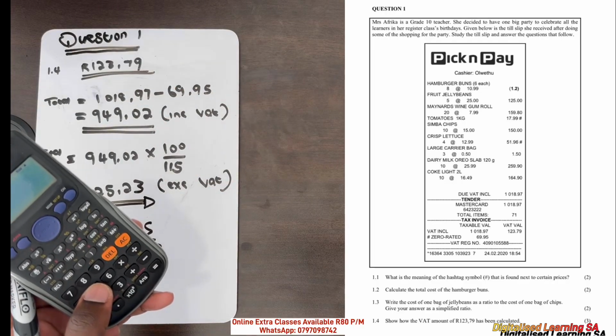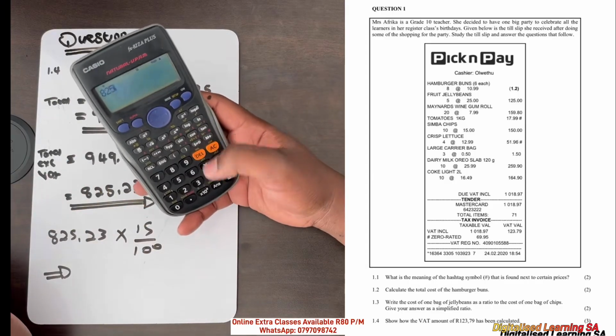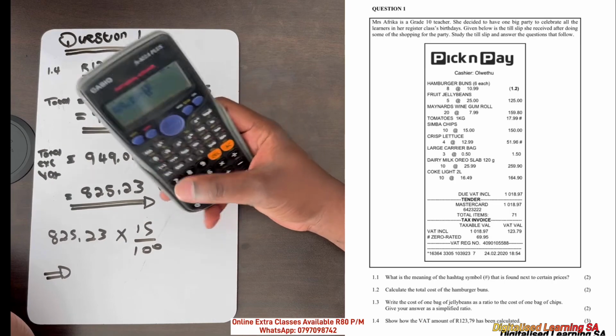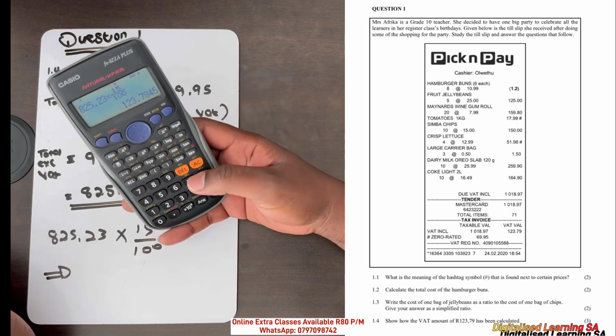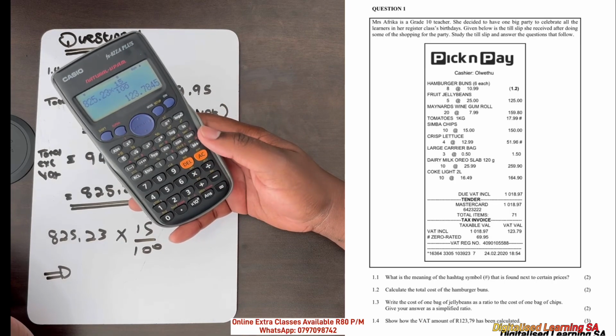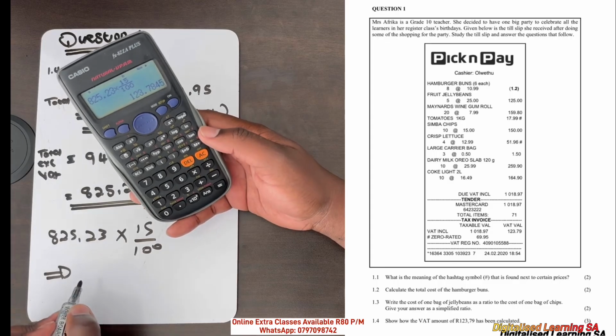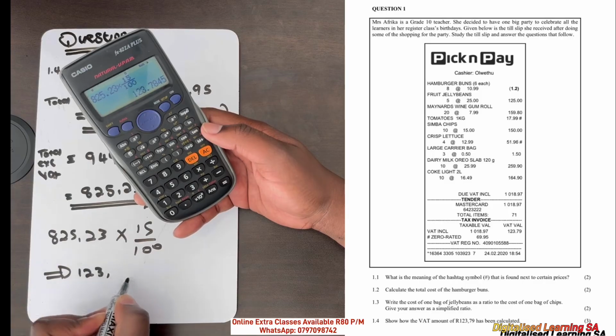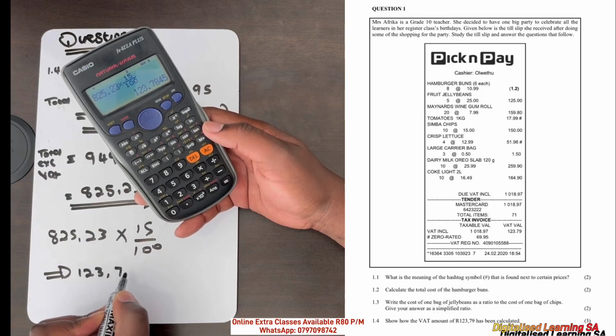And there we go, we get our VAT, which is 123.7.